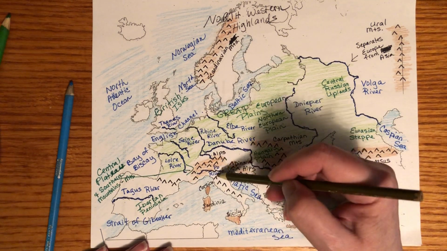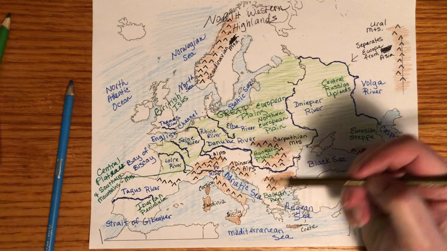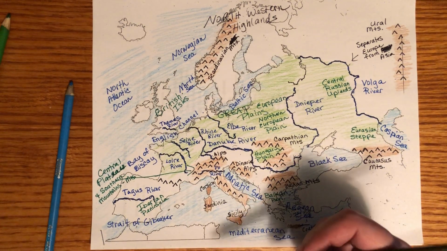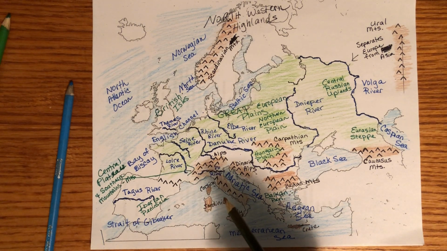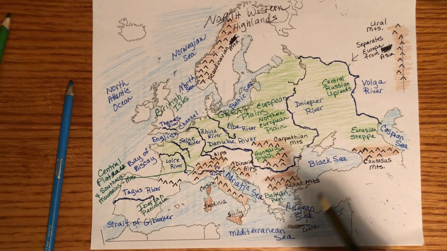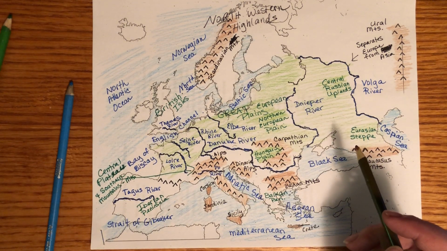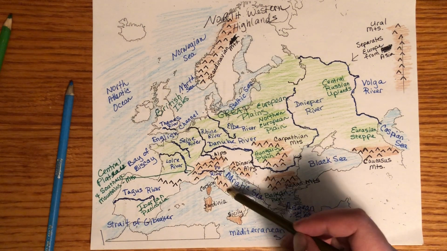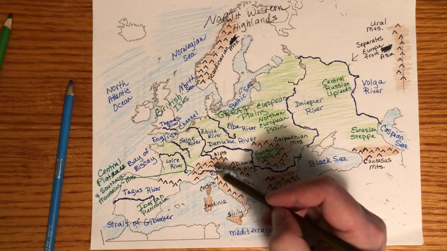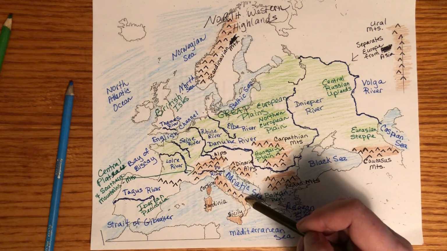Down here, we have another mountain range. Just checking to make sure I have my information right here and I know what I'm talking about. All right. We have this mountain range here, which goes along the country of Italy, and it looks like a boot, remember?